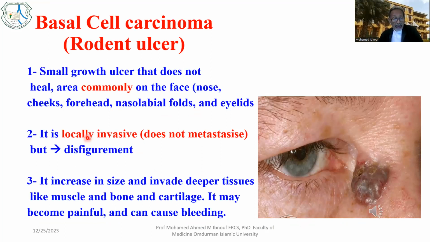It is locally invasive, and it causes disfigurement. It does not metastasize. It increases in size and invades the deeper tissues, muscles, bone, and cartilage, and may become painful and may cause bleeding, like this at the inner angle of the eye.